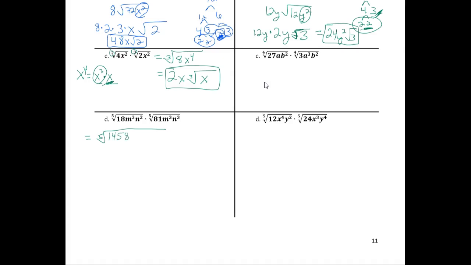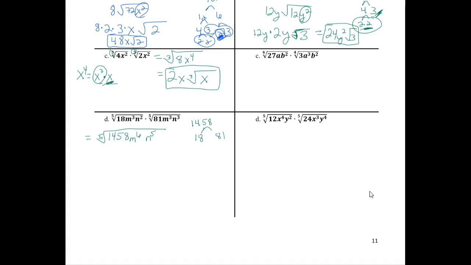M cubed times m cubed is m to the 6th power. N squared times n cubed is n to the 5th. Right? A base times a base, we add the exponents. Now, that 1,458, I don't have to overthink it. I got that number by multiplying 18 times 81.